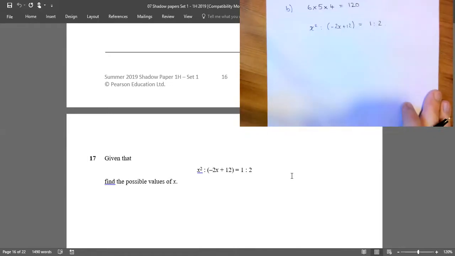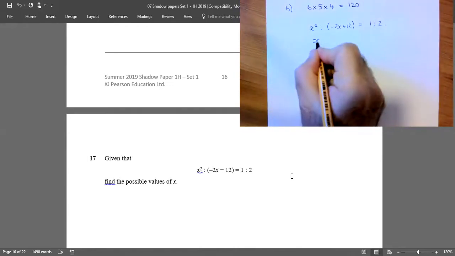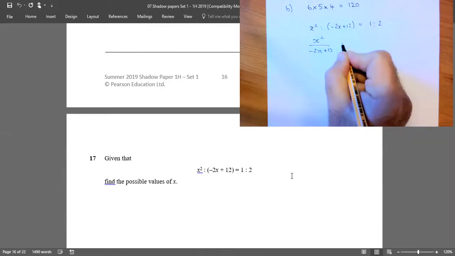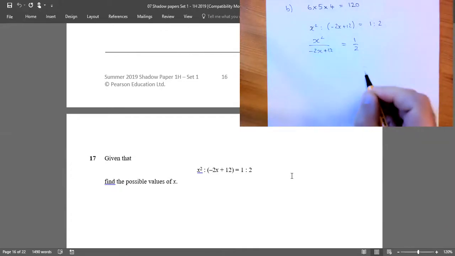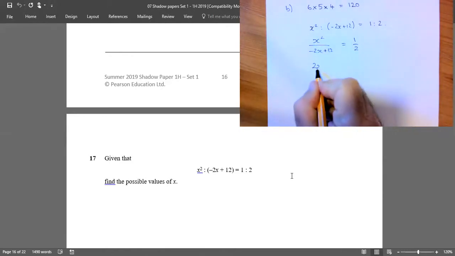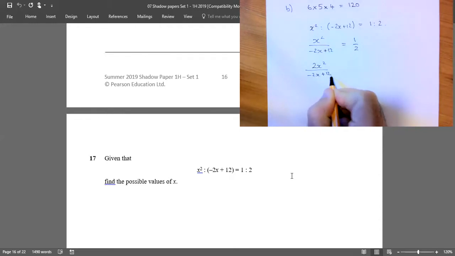So let's think about this as x squared over minus 2x plus 12 must equal 1/2. So let's multiply the 2 up to this side. 2x squared over minus 2x plus 12 must equal 1. So then 2x squared must equal minus 2x plus 12.